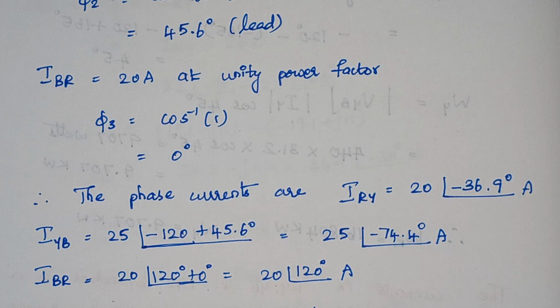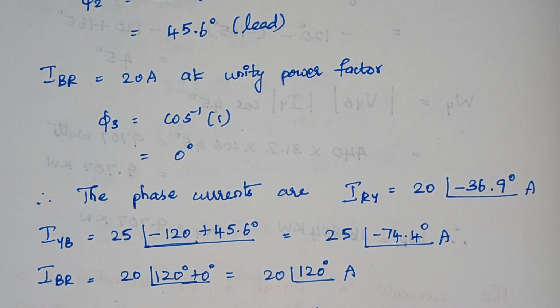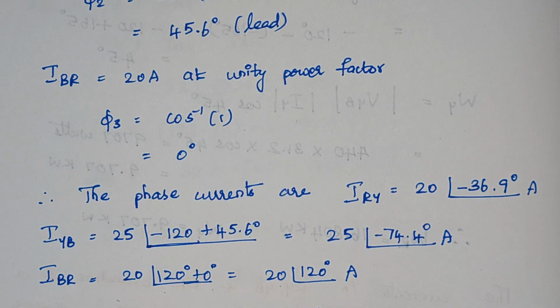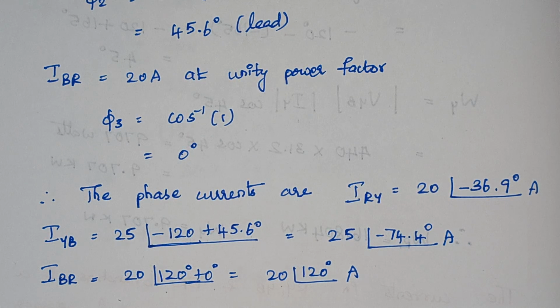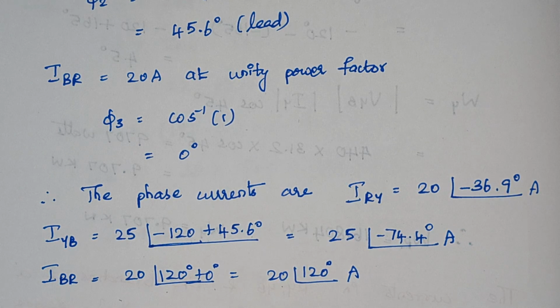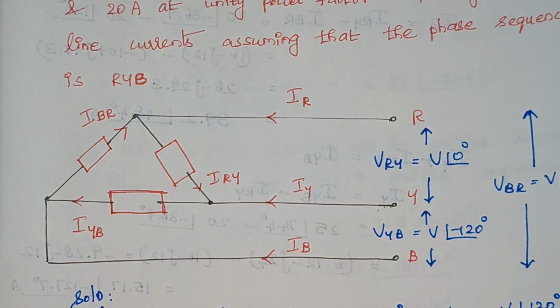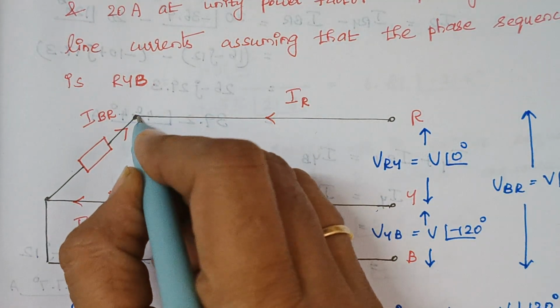Next we apply Kirchhoff's current law to find the line currents. Looking back at the diagram, consider this node.